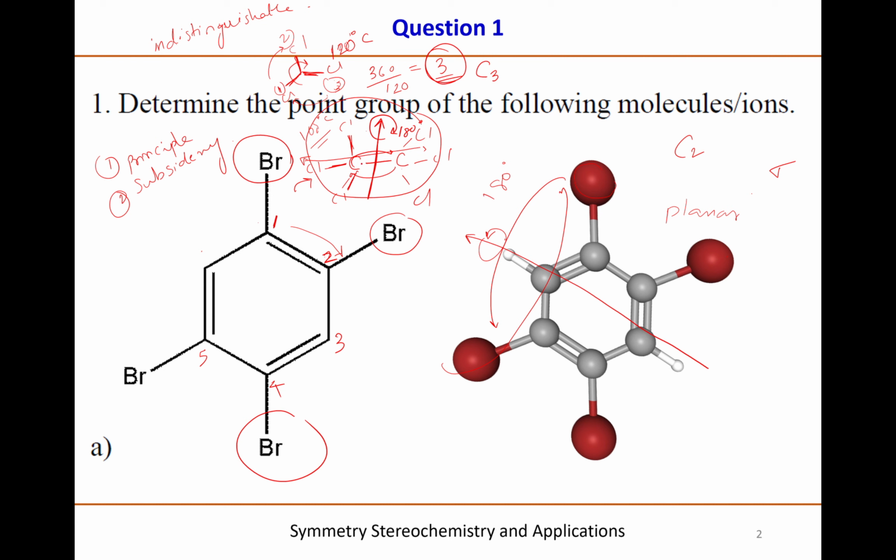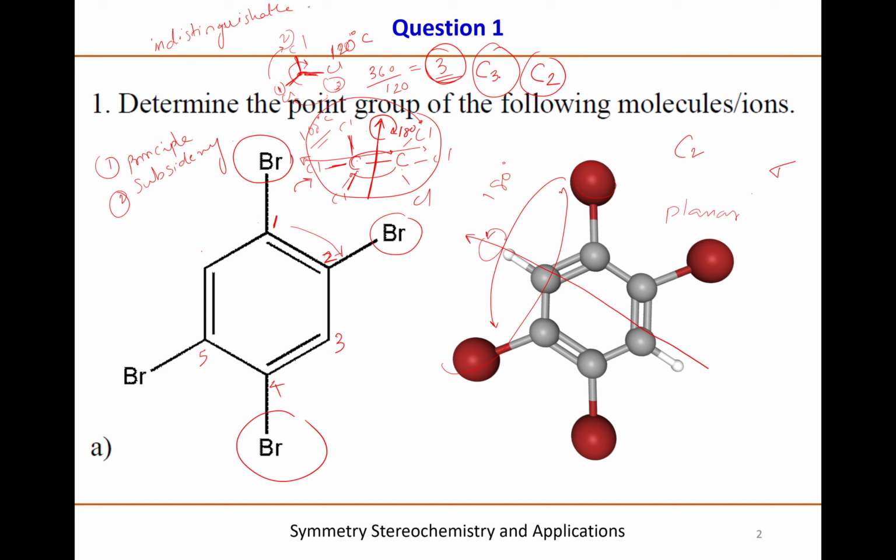But in this case the carbon is going to change. Before, the carbon remained the same and only the other substituents were rotating. Here the carbon is rotating, but still the structure is indistinguishable, right? So this is a 180 rotation. So 360 divided by 180 becomes 2. So C2 axis, correct?